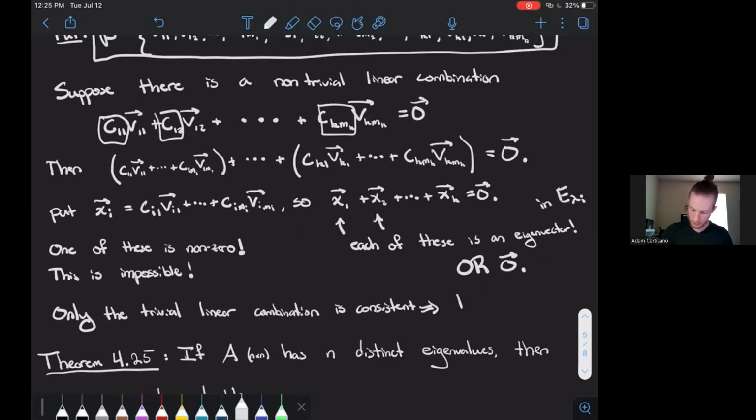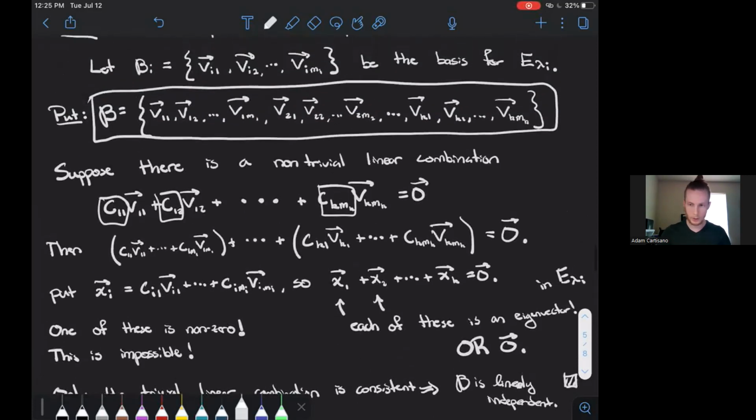So B is linearly independent. The proof is way harder than I thought.